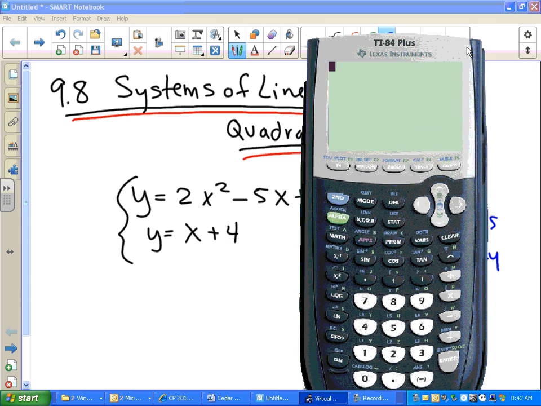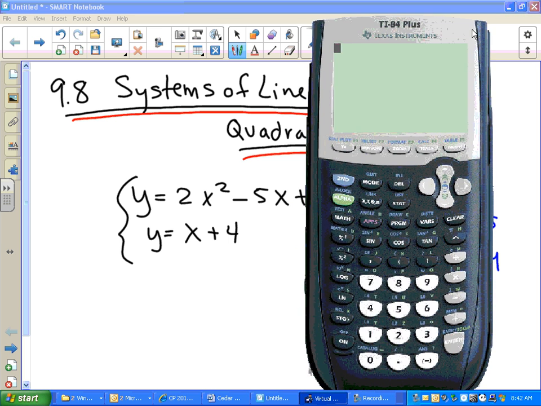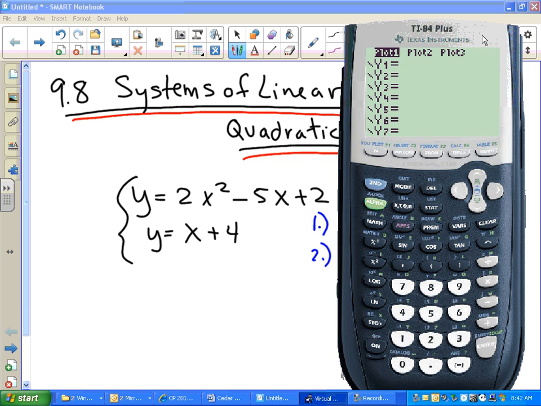All right, so what I want you to do is go into the y equals editor and type in to the y equals editor 2x squared minus 5x plus 2.